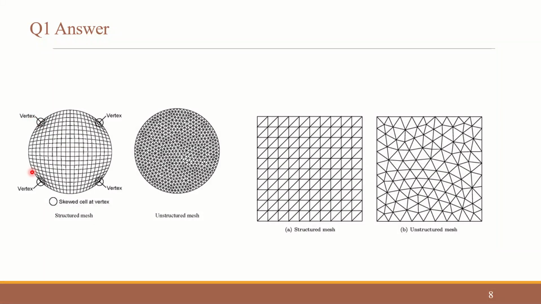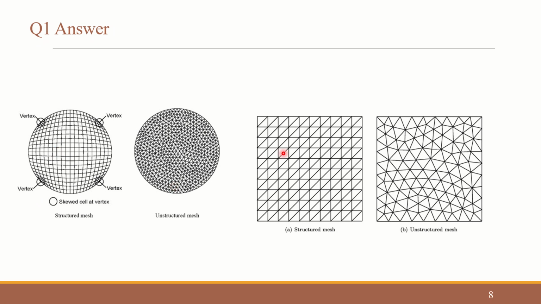Here we are able to see skewed cells. These skewed cells will cause issues while we are getting the solutions. That may be avoided when we use the unstructured mesh, which looks like this. So the same geometry can be done using a structured mesh and an unstructured mesh as well.